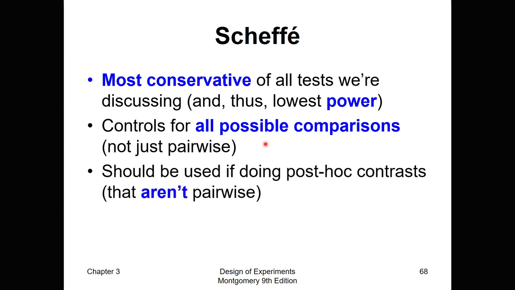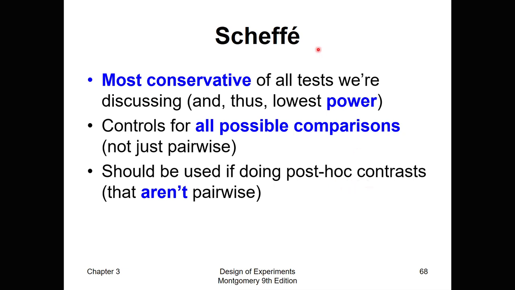So if you're doing a whole bunch of these post hoc contrasts where you're allowing 2 groups to be compared to 2 other groups or something like that, this is probably the most appropriate method. If you're just doing pairwise, I'd use Tukey's. If you're doing contrasts post hoc and you didn't pre-plan that, if you pre-planned it and you just planned a couple, you could use Bonferroni.